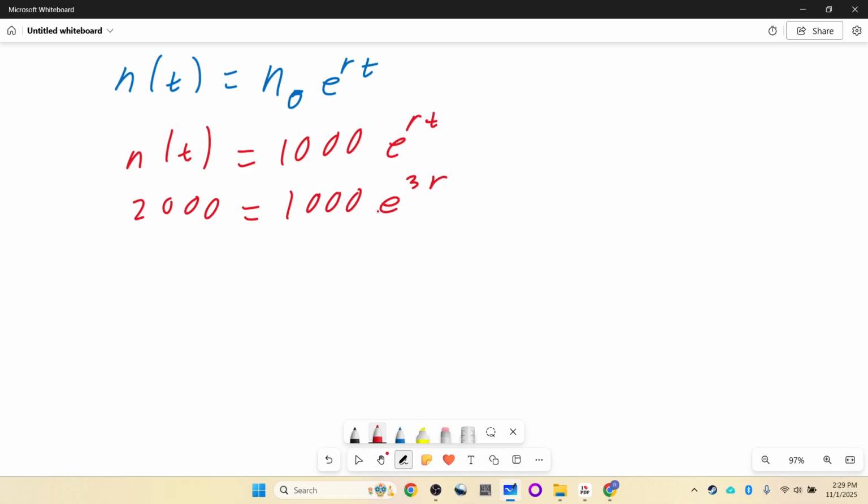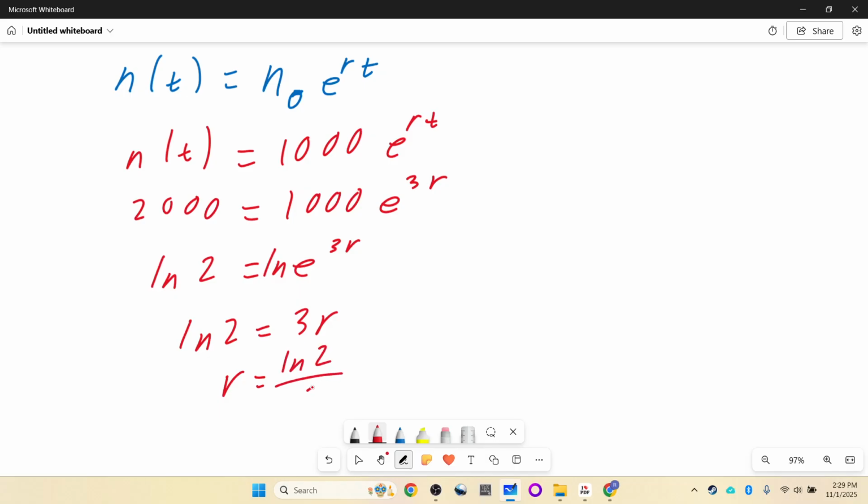It doubles every 3 hours. So then 2 equals e to the 3r. It's another doubling time, so it looks pretty similar to the last thing we did. Natural log of 2 equals 3r. So r is natural log 2 over 3.